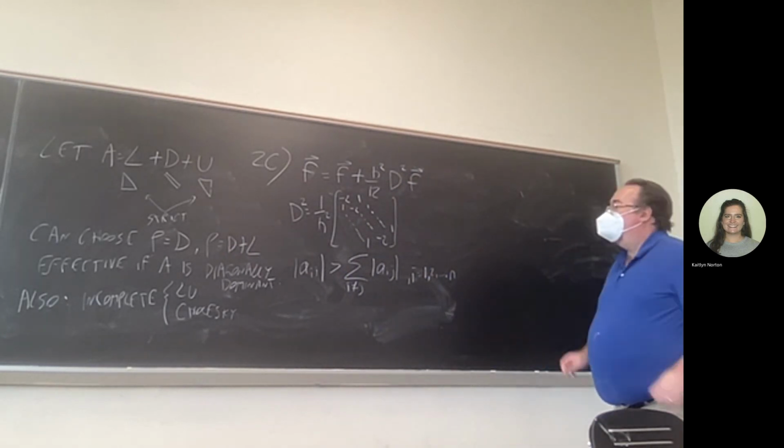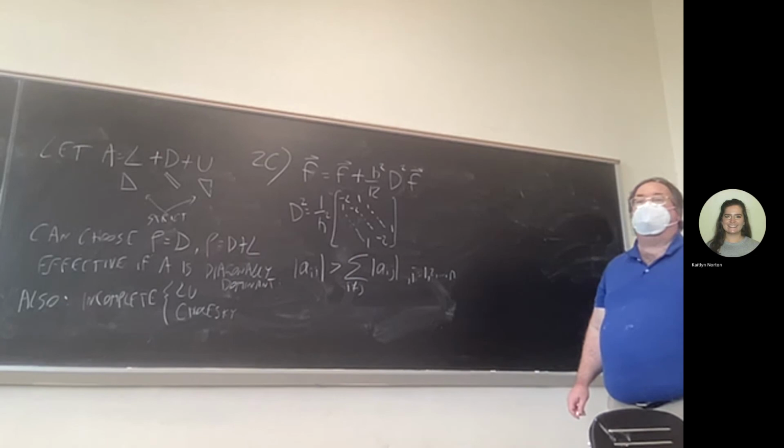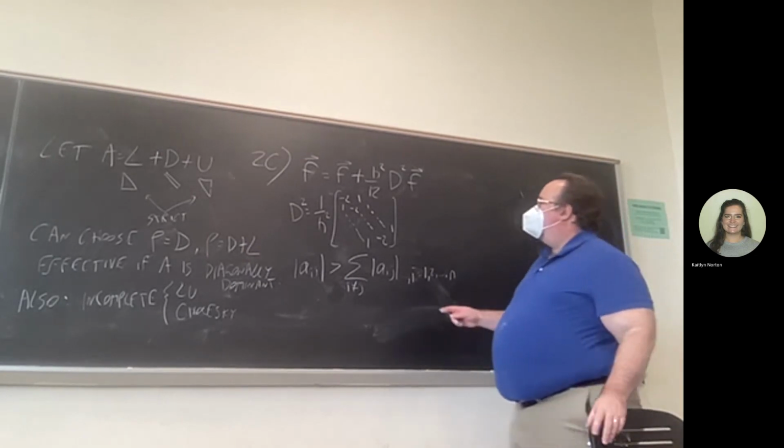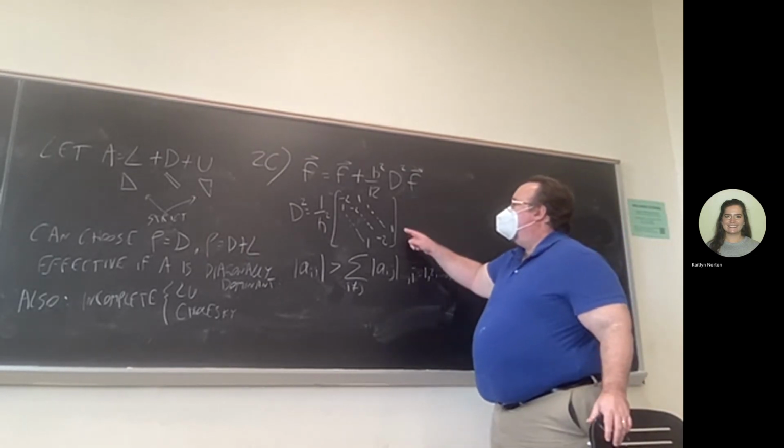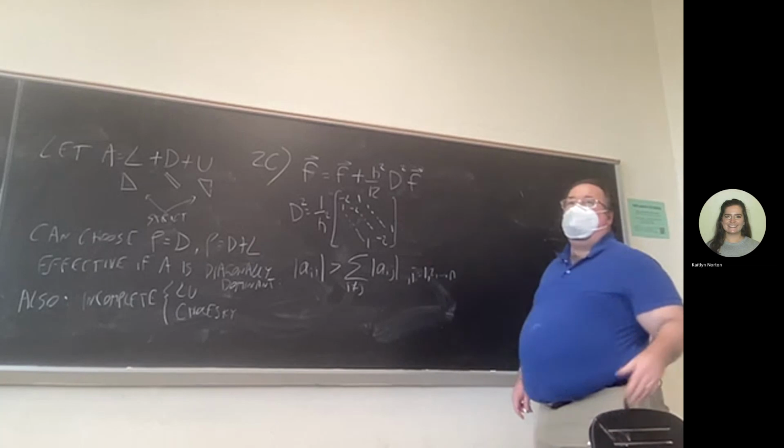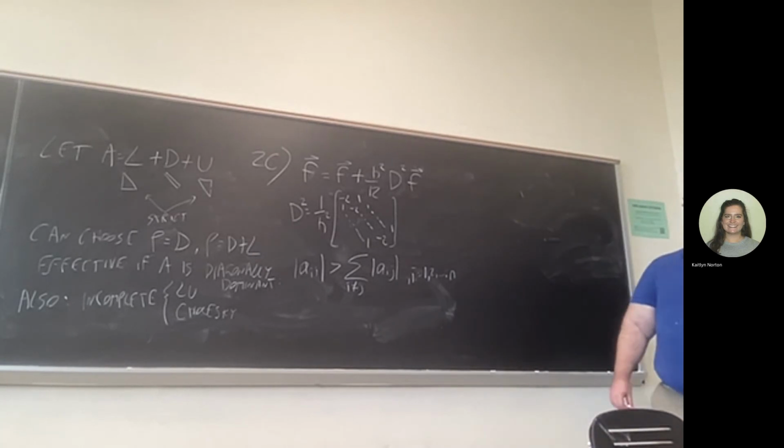But that does not account for everything, because when you take a vector representing a function like f and multiply this matrix by it to approximate its second derivative, this matrix will assume that the boundary values are 0. While that is true of your solution, it's not true of f.